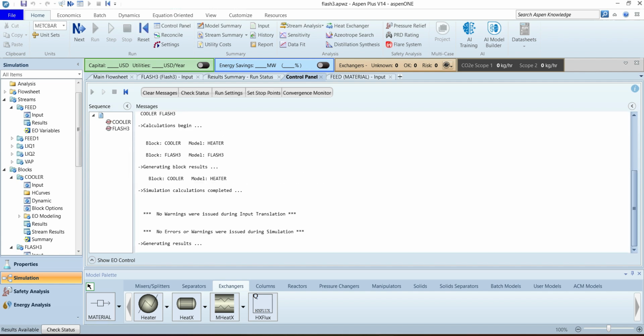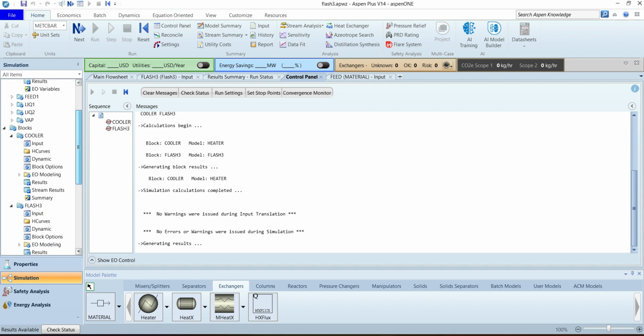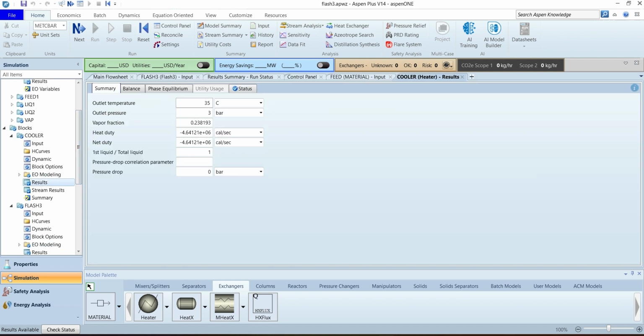So now results are available. Since we have bypassed any flash calculations for the feed stream, there will still be flash calculations inside the cooler block as well as the Flash3 column. However, since we are pretty sure that the feed is already in the vapor phase, we avoid any flash calculation for the inlet feed stream. Let's have a look at the cooler duty.